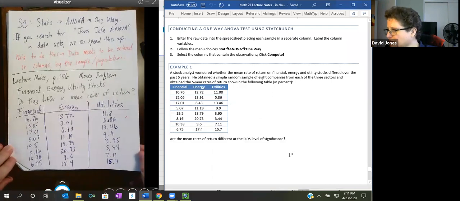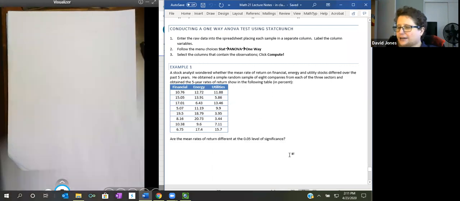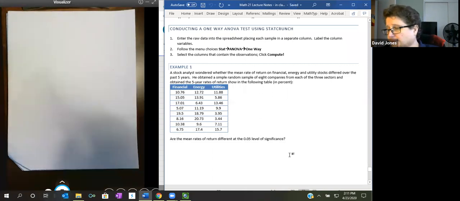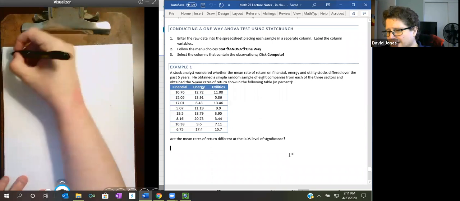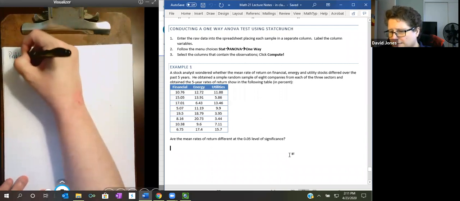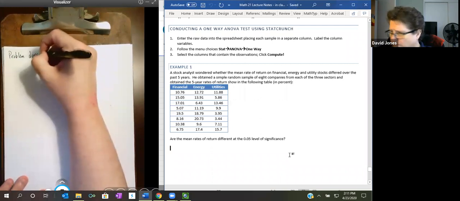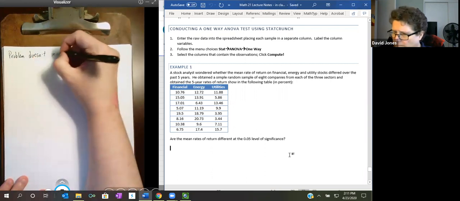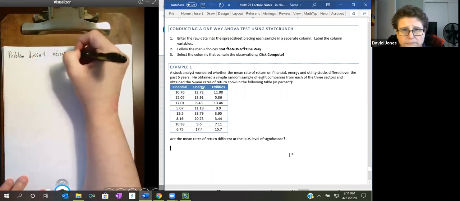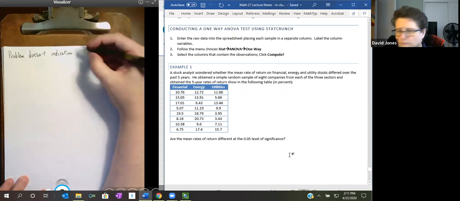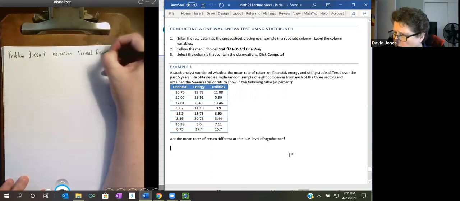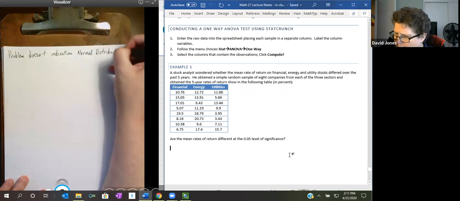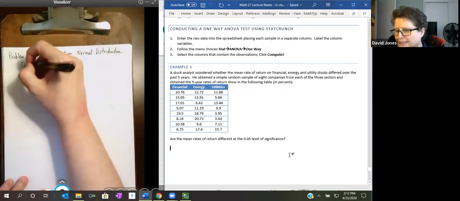First off, we're going to check if we can use the ANOVA test. The problem does not indicate normal distribution. And we also need to check, do the variances match?